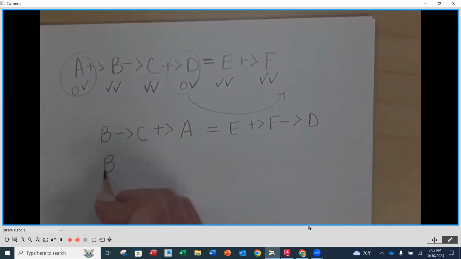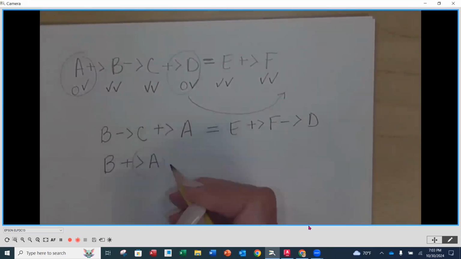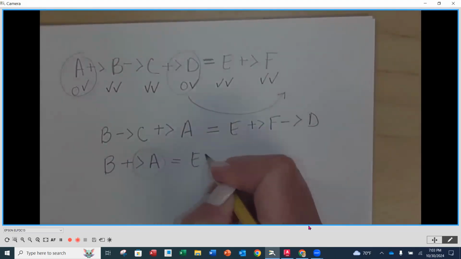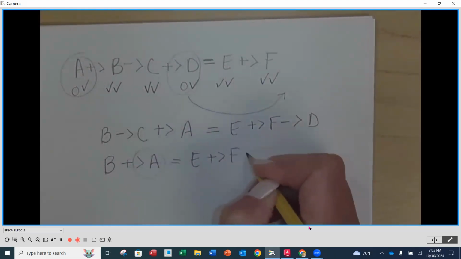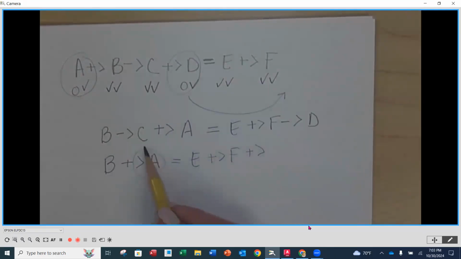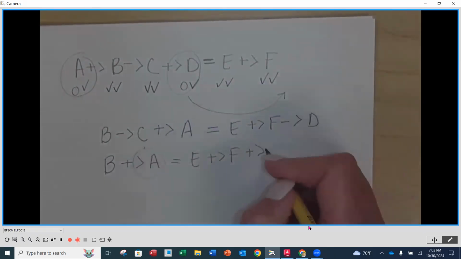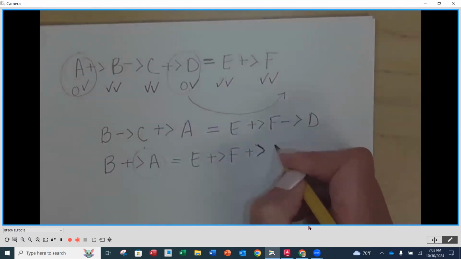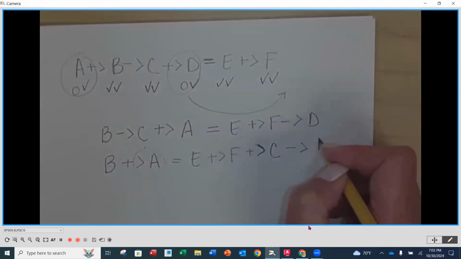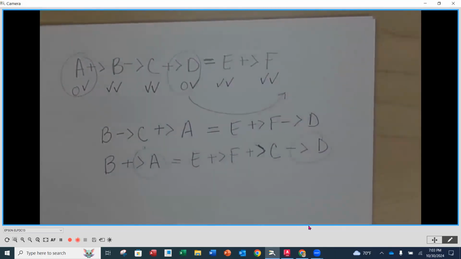So we're going to have B plus vectorially A. This is our unknown. It's going to be equal to E plus vectorially F plus vectorially, I'm going to put C next because we know everything about C. We want to put all our knowns first, minus vectorially D at the end. We always put any unknown quantities that we need to determine at the end of their respective side.